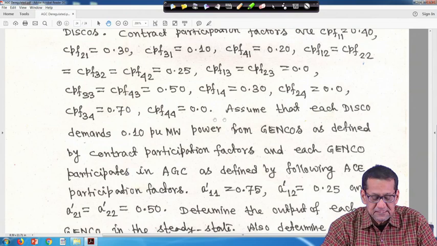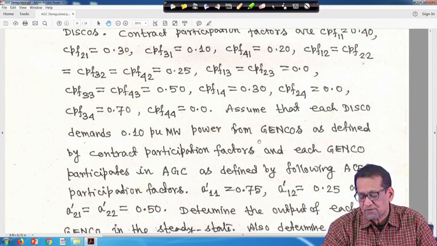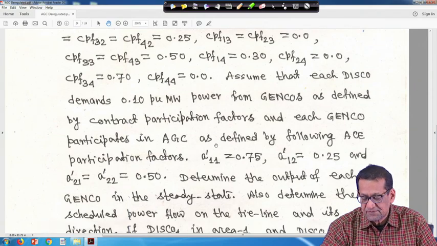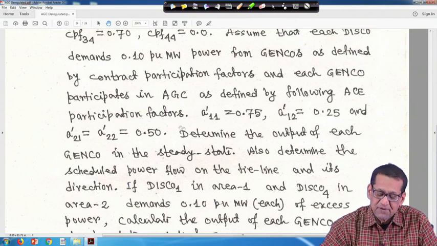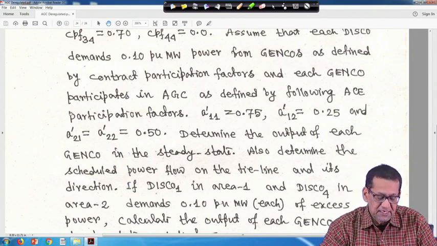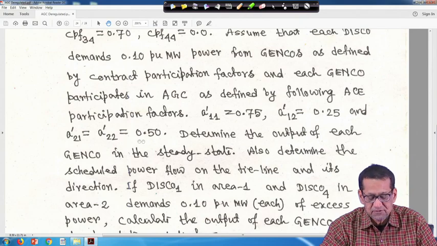Assume that each DISCO demands 0.10 per unit megawatt power from GENCOs as defined by contract participation factors, and each GENCO participates in AGC as defined by the following AC participation factors. That is, A-11 is equal to 0.75, A-12 is equal to 0.25 and A-21 is equal to A-22 is equal to 0.5, right.